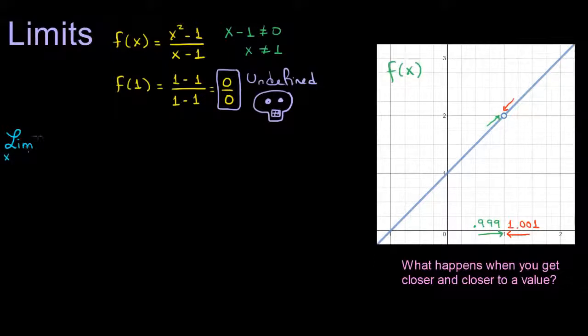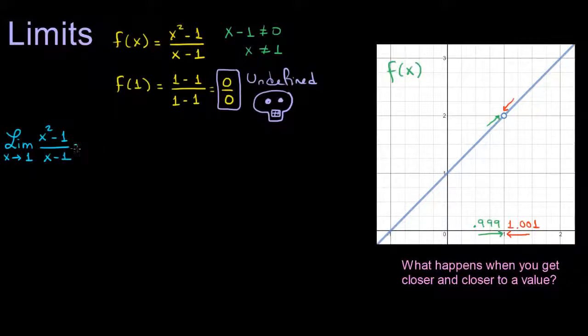It is read as the limit when x approaches 1 of f of x, and f of x in this case is x squared minus 1 over x minus 1.